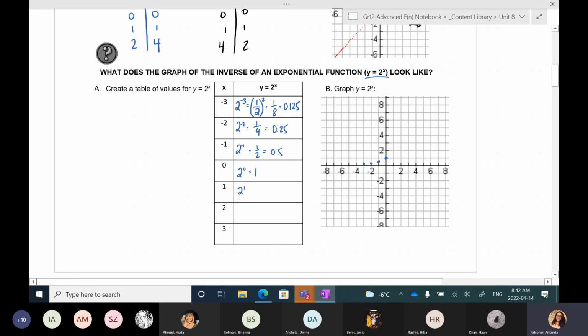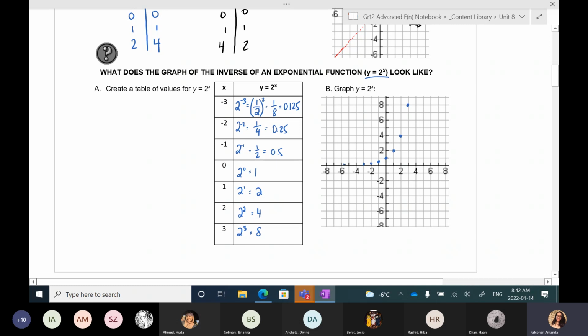Next is 2 to the 1, so that's 2. So 1, 2 is here. 2 to the 2 is 4. So 2, 4 is up here, and we're exponentially spiking now. Okay, so last, we've got 2 to the 3, which is 8, and that's going to continue rising quickly.